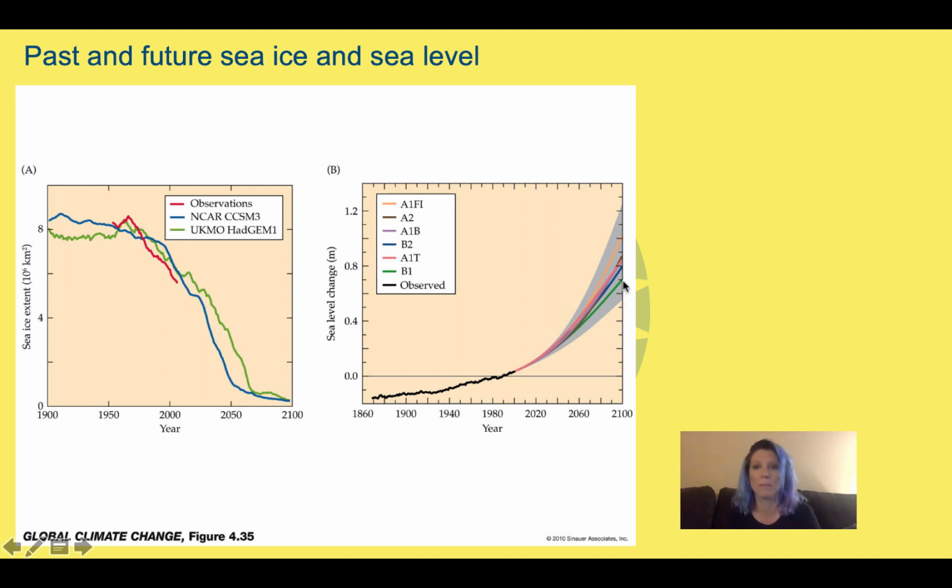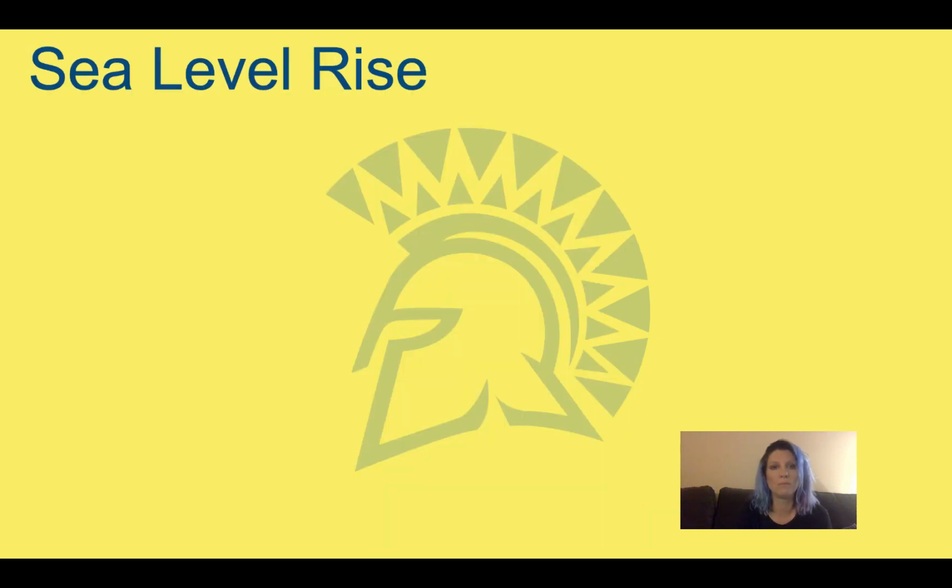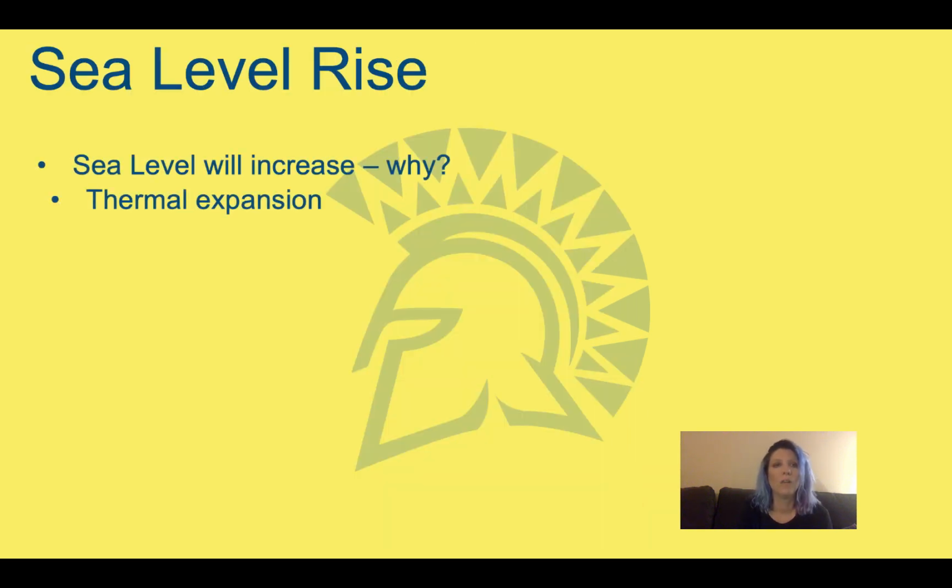Best case scenario is going to be 0.8 meter. This is in meters. Where right here, that A1F1 is going to be closer to about 1 meter. So the sea level will increase because of thermal expansion and also because of melting of continental ice and snow.